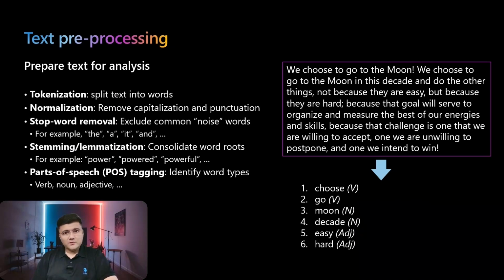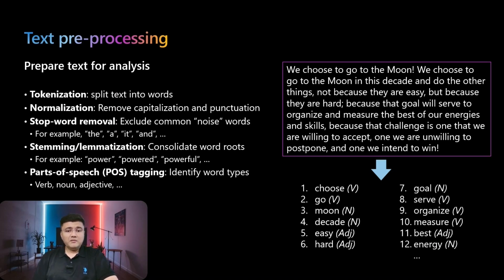With these words, it can identify which are verbs, which are nouns, and which are adjectives, and that's what it tries to find out first. Also, there are other words like goal, serve and organize, which are again different nouns, verbs and adjectives.